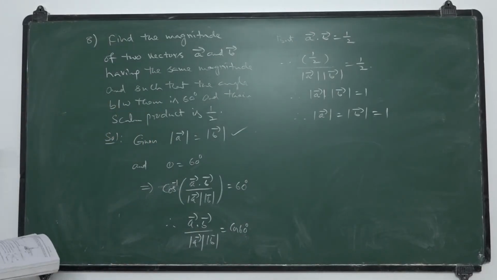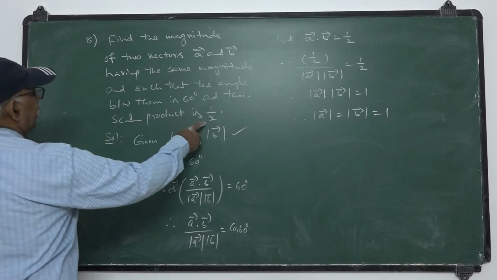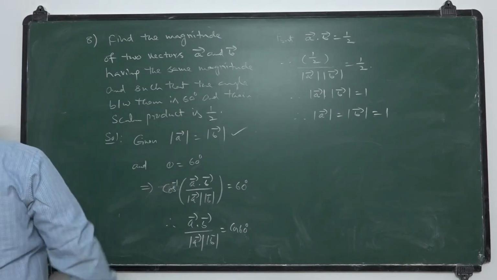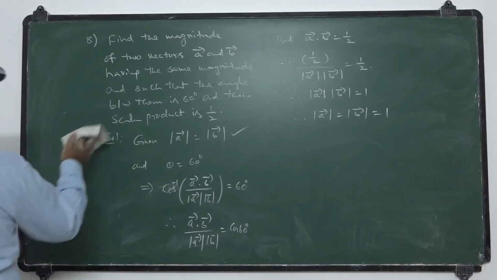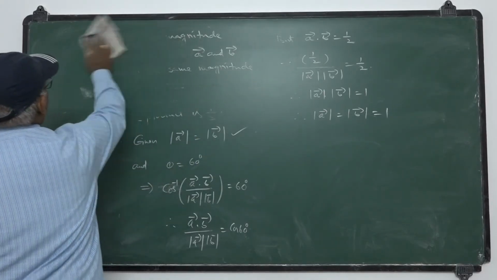The magnitude of the vectors is 1, provided the scalar product of the vectors is 1 by 2 and the angle between them is 60. Next one.